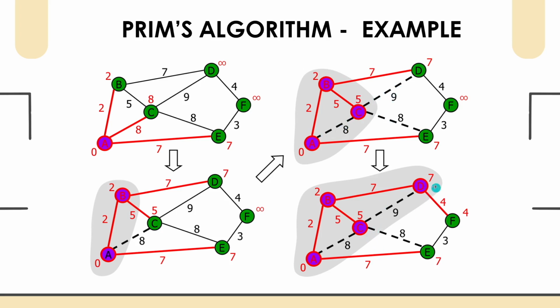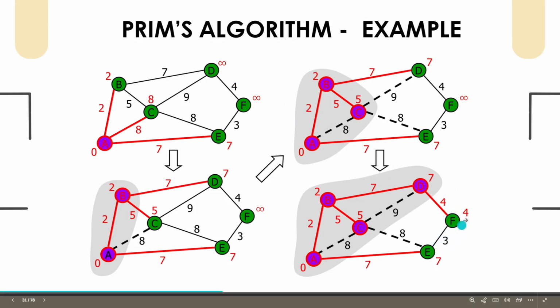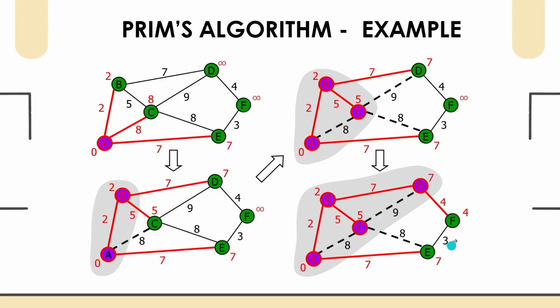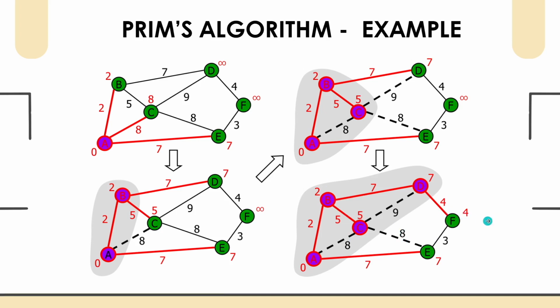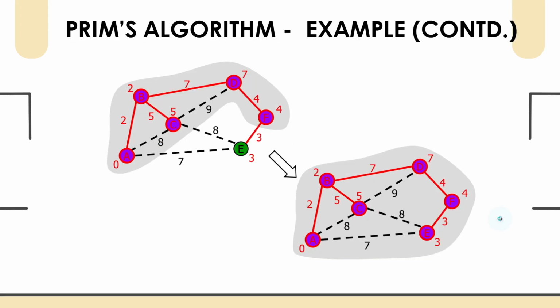After reaching D, we could reach F at a cost of 4, and so it is part of the minimal spanning tree, and from E to F at a cost of 3, and so it is part of the tree. But if we add this to the tree, we will end up with a cycle, and so we do not add this. We stop at this point because we have reached all other vertices at the shortest or least cost.